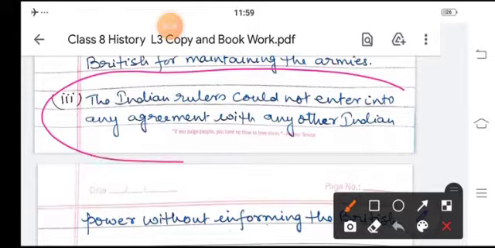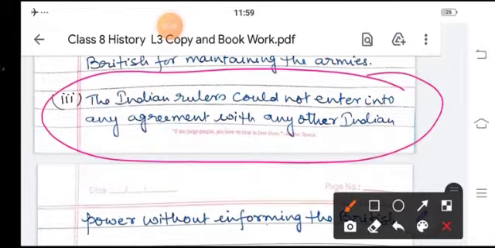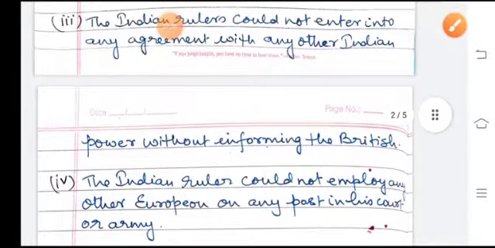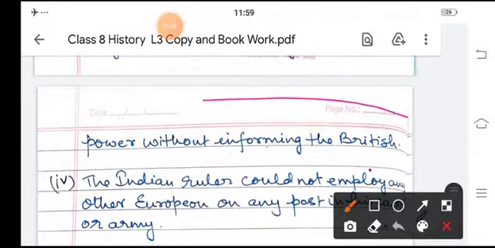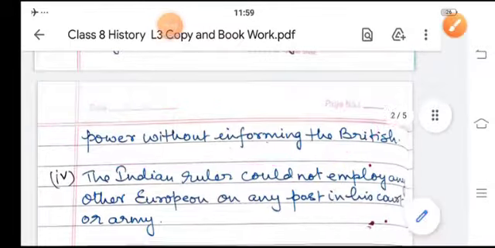Third, the Indian rulers could not enter into any agreement with any other Indian power without informing the British.